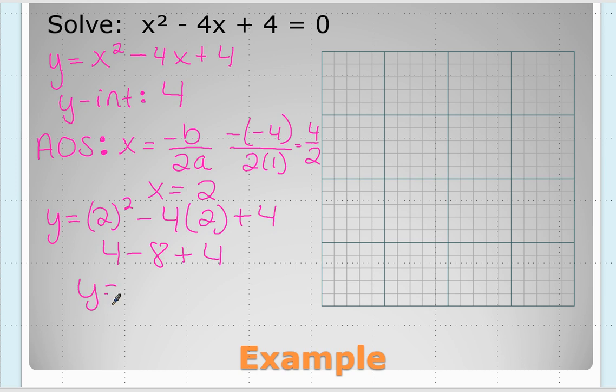So y will equal 0. So my vertex is at 2, 0. So I'm going to start graphing from here.